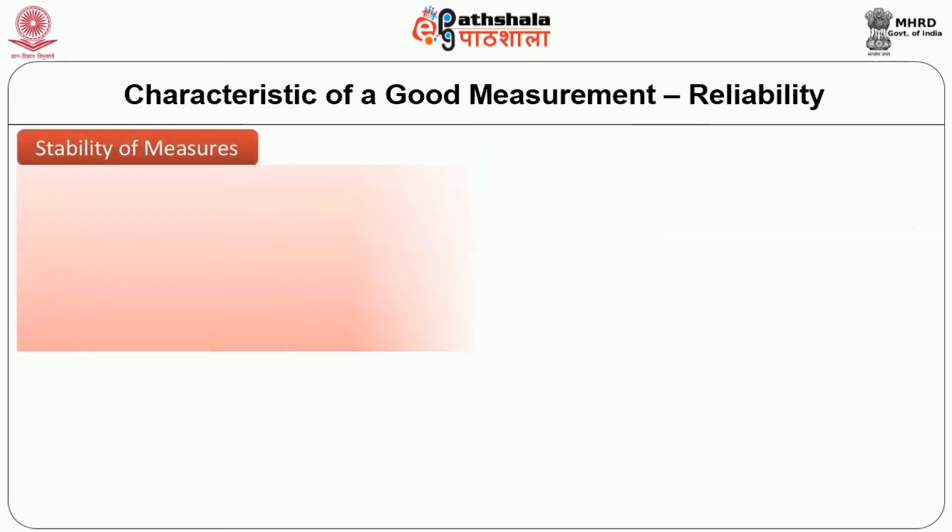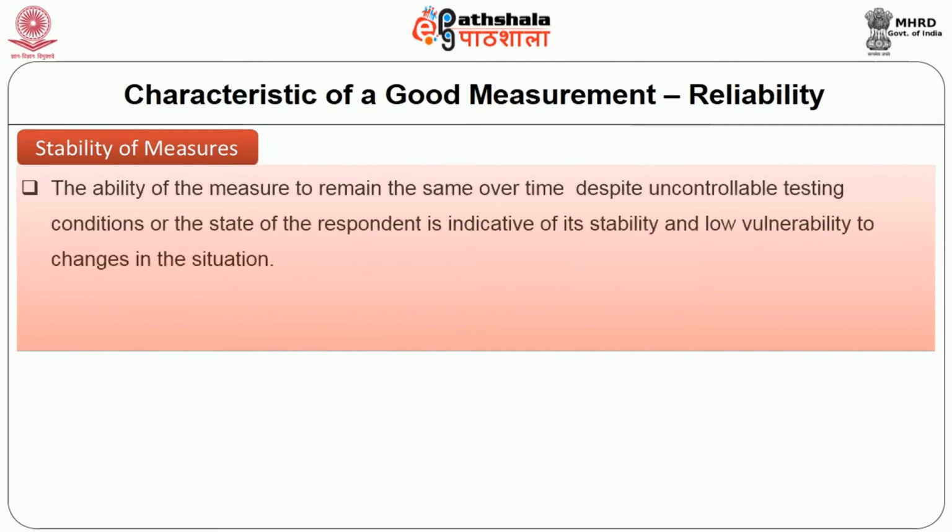Stability of measures. The ability of the measure to remain the same over time despite uncontrollable testing conditions or the state of the respondent is indicative of its stability and low vulnerability to change in the situation.